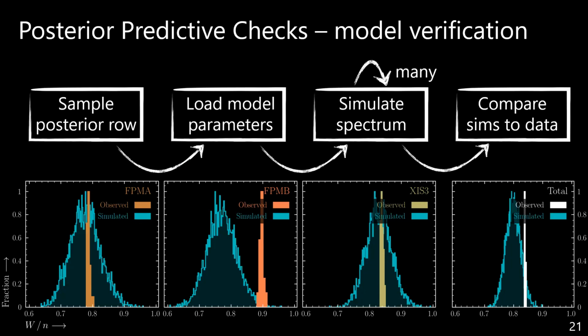Now, what I've shown is I've basically summed up all of the W statistics and then divided by the degrees of freedom on the x-axis, and then split it by the data set. And then this panel is for the total, so literally adding them together. And it's showing that the simulated distribution does encompass the observed data from the posterior fits.